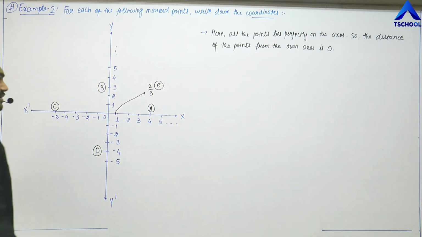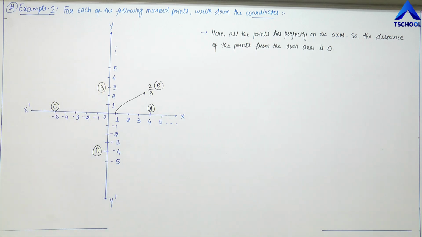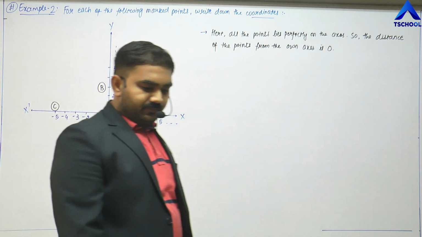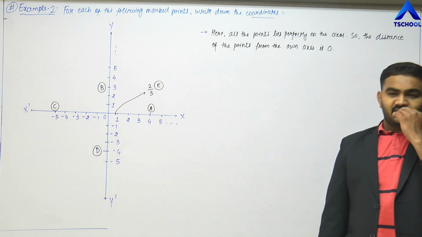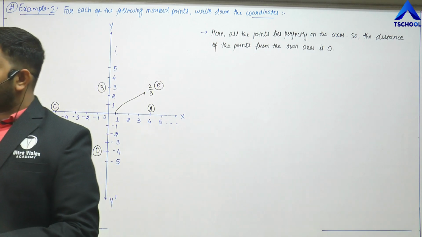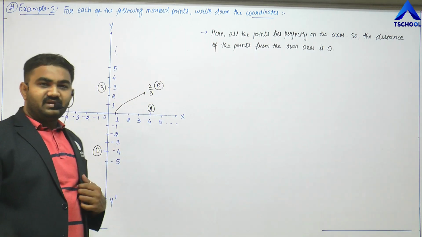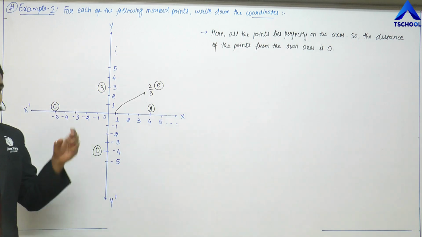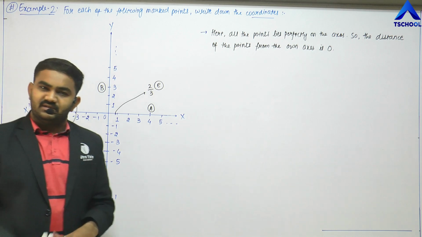So if the distance from x-axis is not available, you can say that the y-coordinate is 0, because we know that the y-coordinate is the perpendicular distance of the point from the x-axis measured along the y-axis, right? So if the distance from the x-axis is not available, there is no measurement available on the y-axis, and hence the distance is 0.